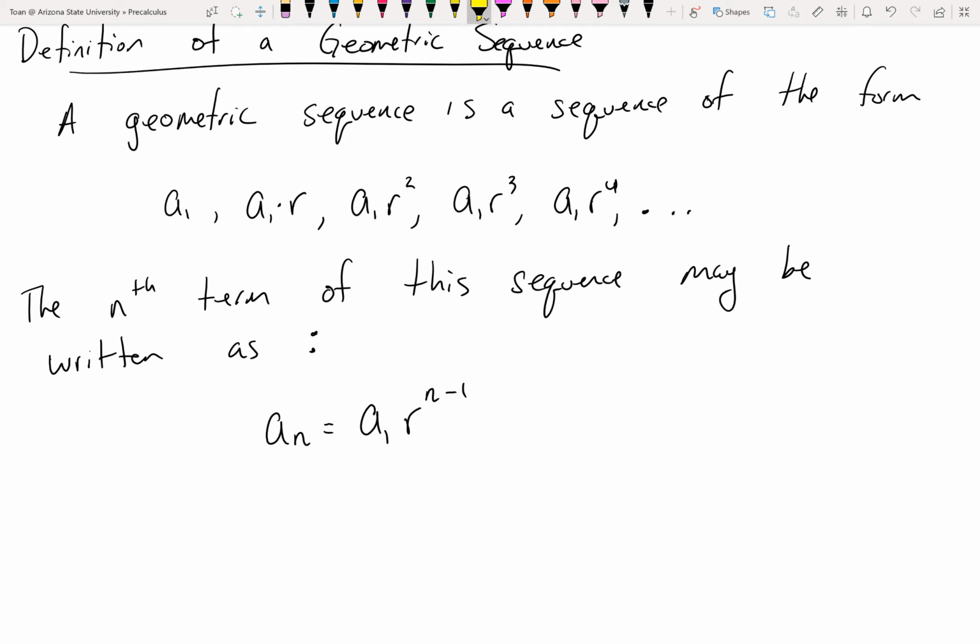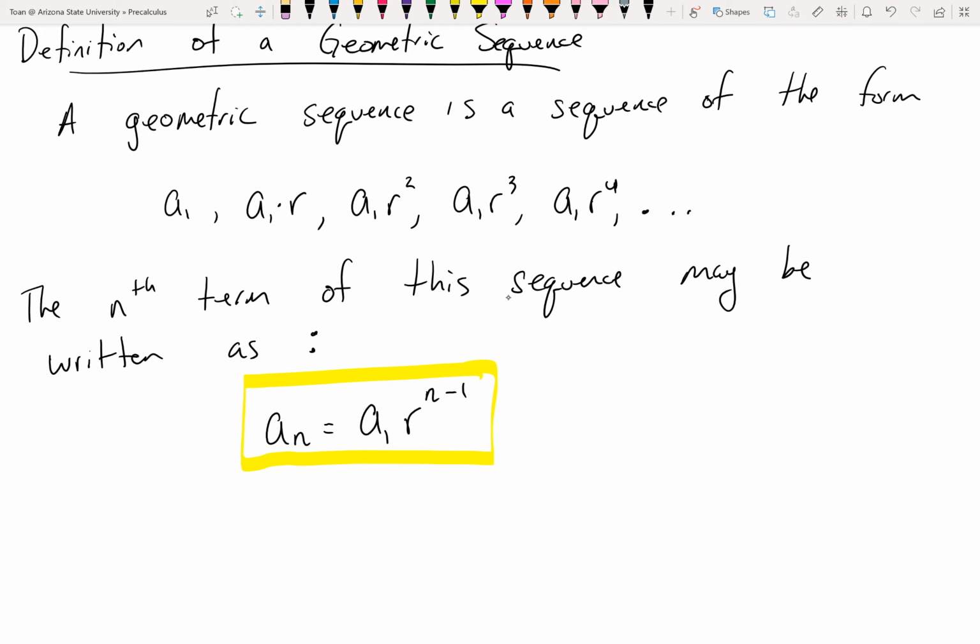So that is the formula to find a specific term of a geometric sequence. Notice it's raised to the n minus 1 because you don't actually apply the multiplication by r until the second term, so you always have one less r than the term number.